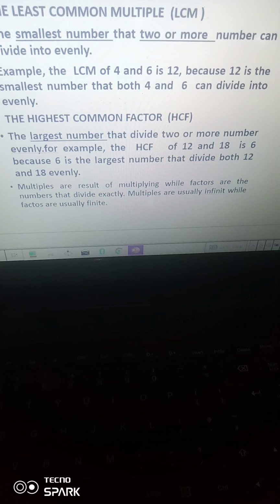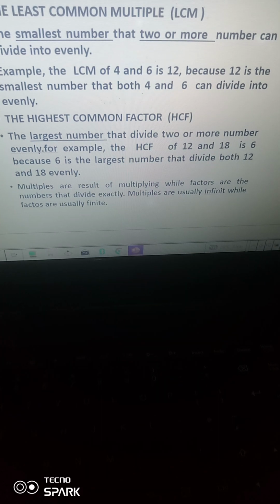If you want to write the multiples of 4, you keep on writing. That is why they say it is infinite. It has no ending. But factors are finite. The factors of a number end with that number. For example, the factors of 27 begin with 1 and end in 27. The factors of a number cannot go beyond that number.